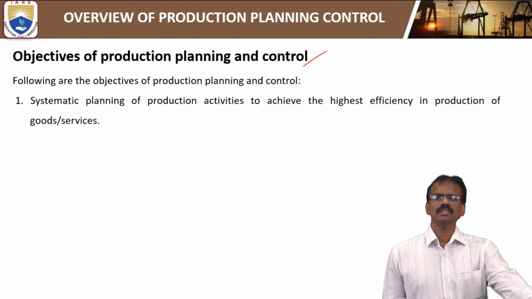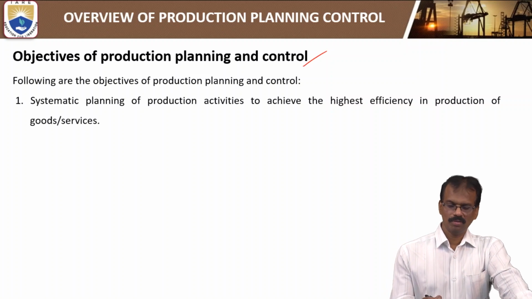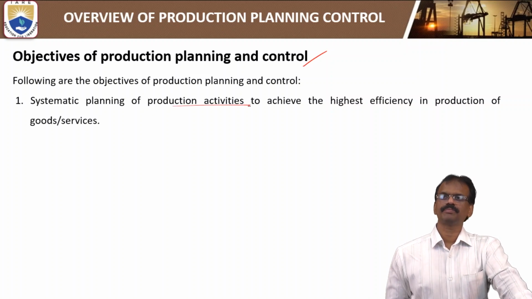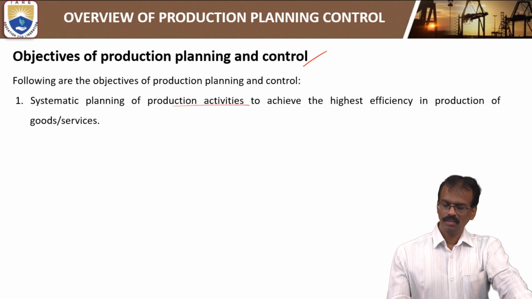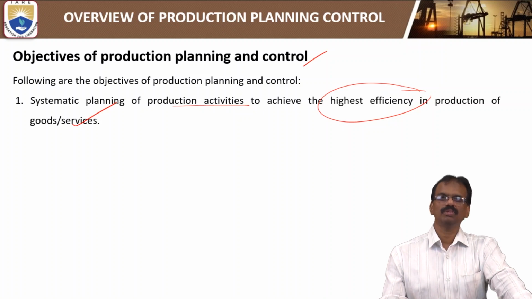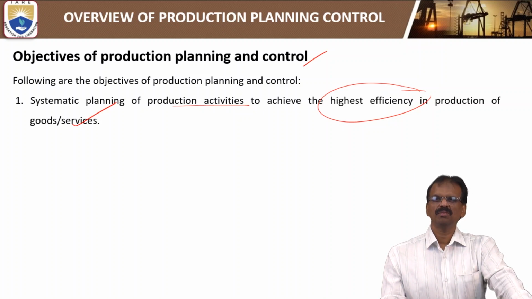So you can say systematic planning of production activities to achieve the highest efficiency in production of goods and services. With the help of production planning and control, we can make a systematic plan of production activities.